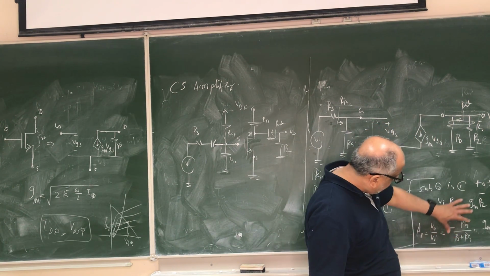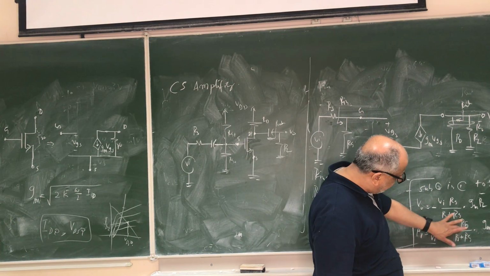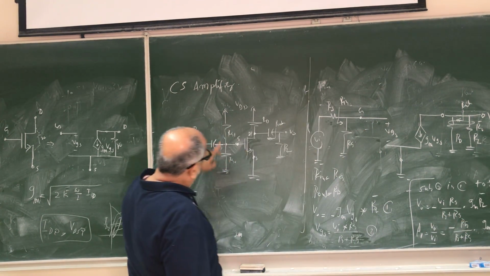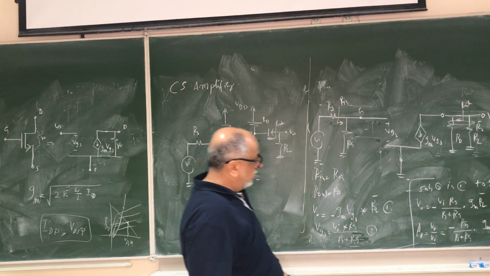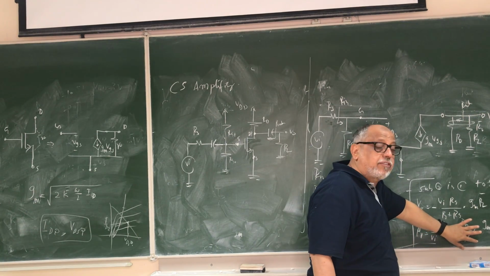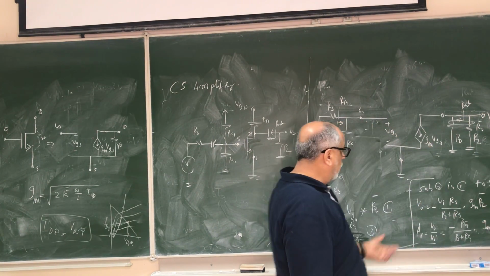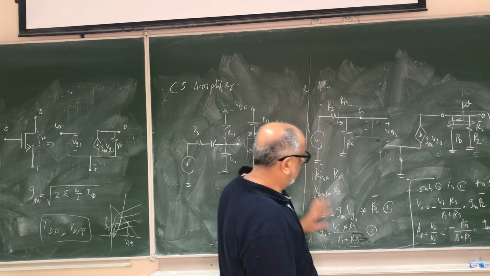So adding RS will add this term to the gain. We can see here it will reduce it a little bit. But since we have RG1 and RG2 large, in megaohms, RS can be ignored, so it will have no effect. Even if we add RS, the effect will be very small. But if you want to be precise, then you have to include RS in your analysis.